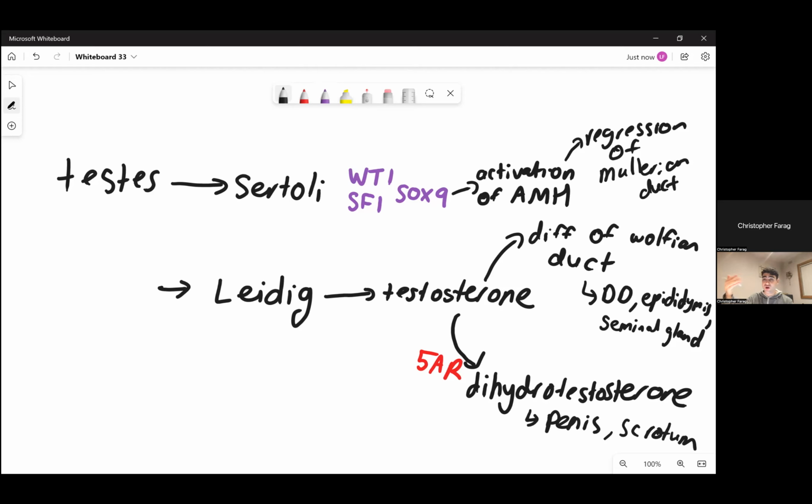In a female, it was the opposite. High DAX1, low SRY expression caused development of the ovaries, and we wanted to keep the Müllerian duct to make the structures of the internal tract, okay? And we wanted to regress the Wolffian duct, so we didn't grow the male reproductive tract. And then, of course, we had elements of the urogenital sinus producing other structures, of course, such as the labia. Perfect. So that's our primary sex.